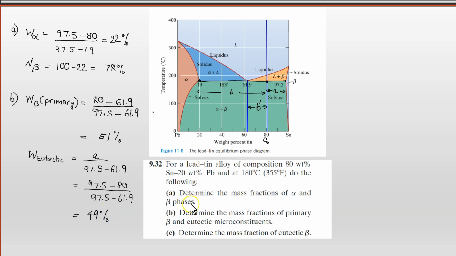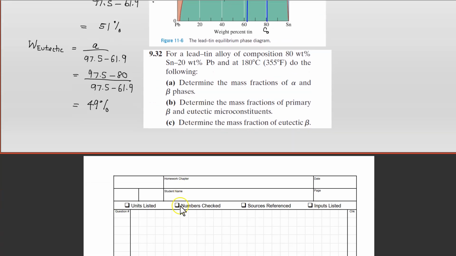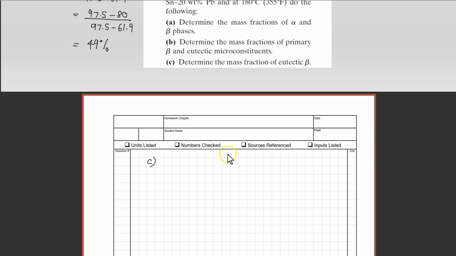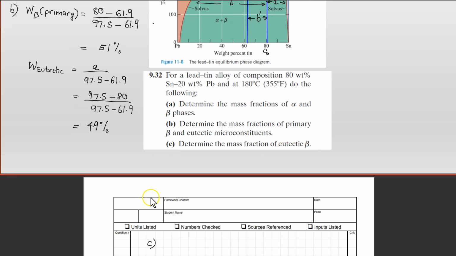Now let's have a look at part C. Determine the mass fraction of the eutectic beta. So this is the beta phase that is within the eutectic.